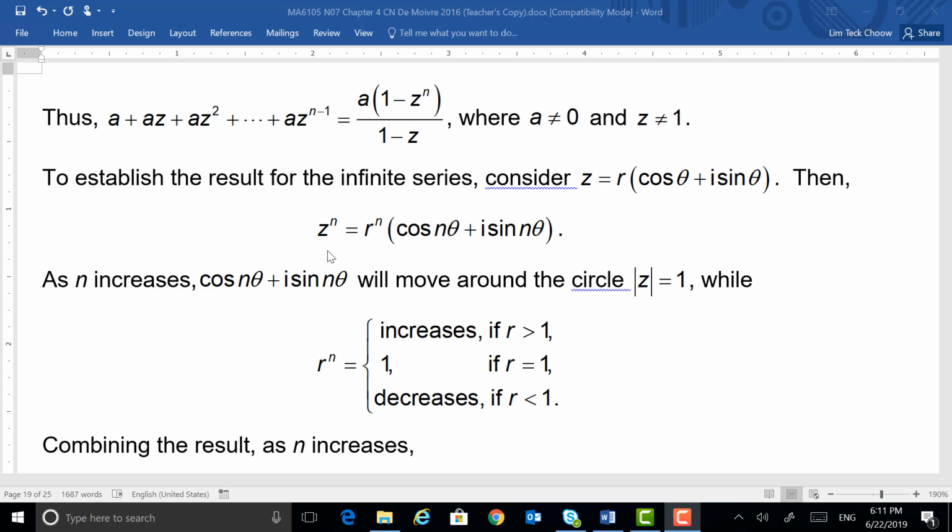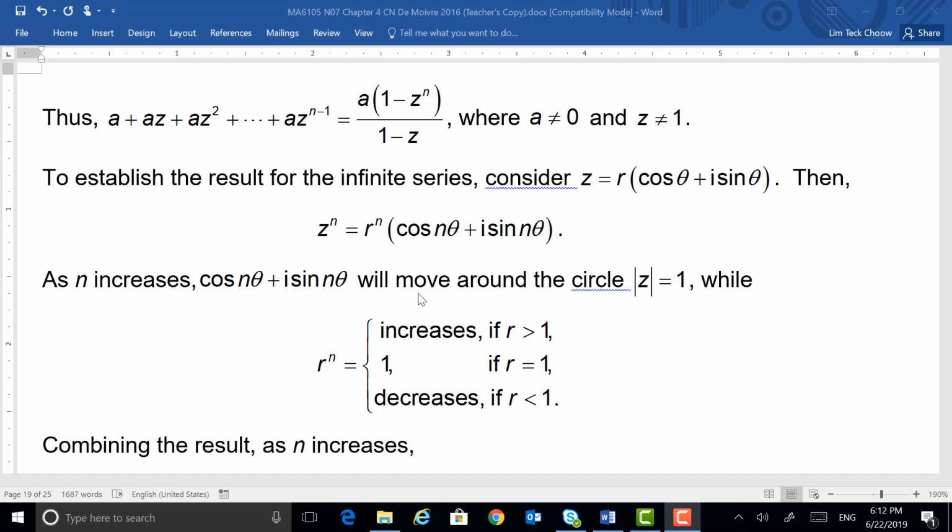Now let's study this very carefully. If your r is actually 1, raising 1 to whatever power doesn't change the modulus. That means no matter what, as long as r is 1, the modulus of this complex number will stay as 1.